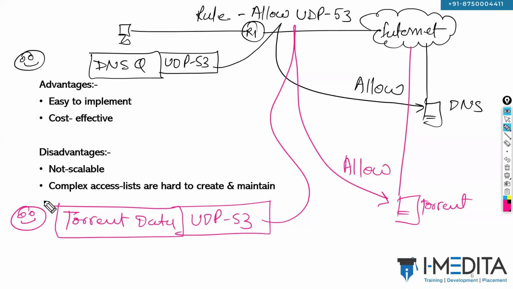So this is the disadvantage of packet filtering: you will create a rule, and in the rule you will allow the port. At that port number, any traffic is allowed, either it is DNS or torrent.